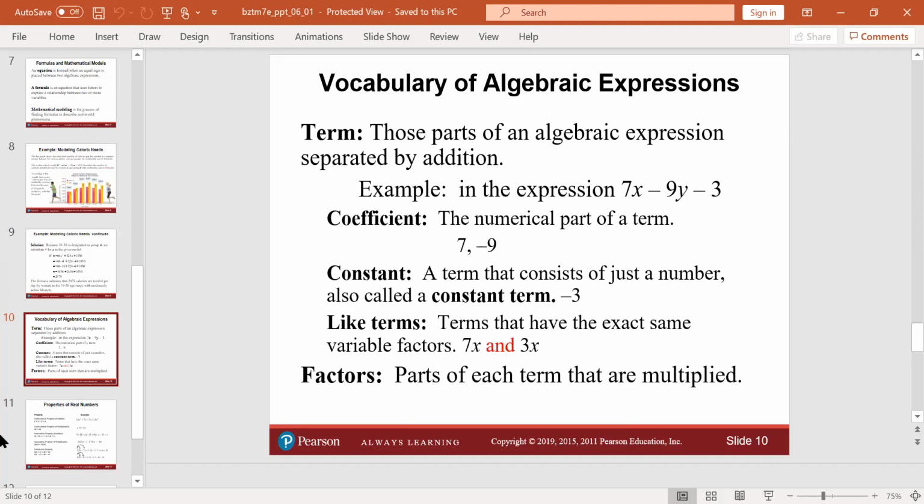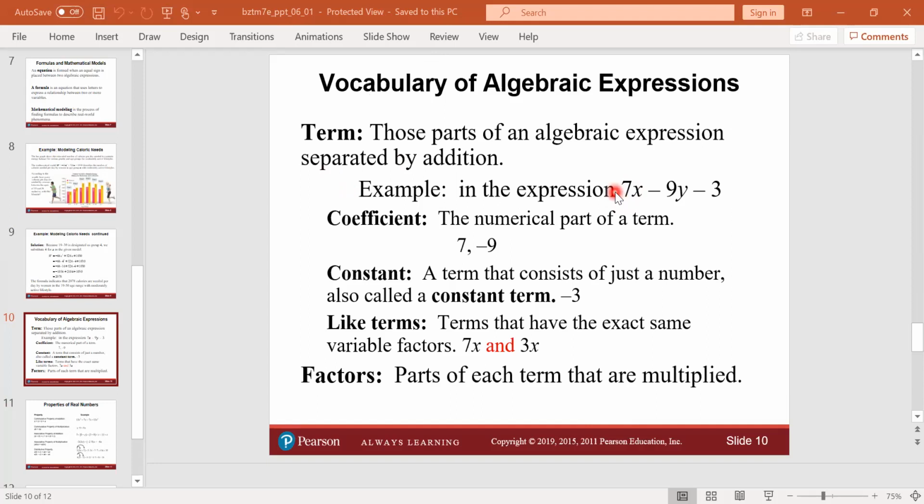So some of the vocabulary that we'll be throwing around here. Let's see what we've got. A term is just a separate part of an algebraic expression separated by addition or subtraction. So 7x, that means 7 times x.